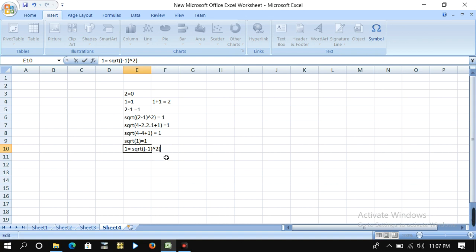Then the next step is the square root of, in place of 1 we can put the square root of minus 1, the whole squared. So again the square root of minus 1 squared. Good. This squared should be cancelled, it's unnecessary.